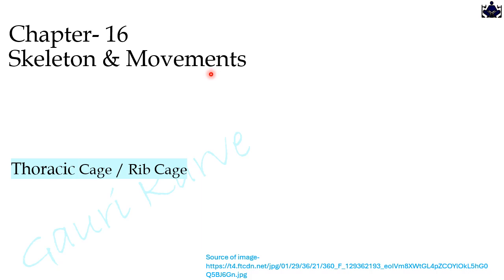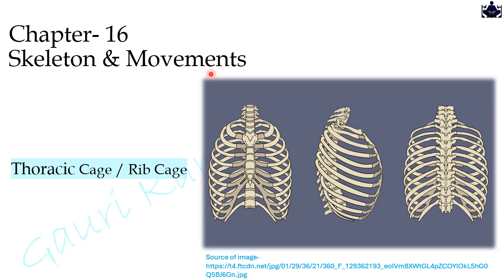The rib cage surrounds the lungs and the heart, serving as an important means of bony protection for these vital organs. In the given picture, you can see the front view, side view or lateral view, and dorsal view or backside view of the rib cage.